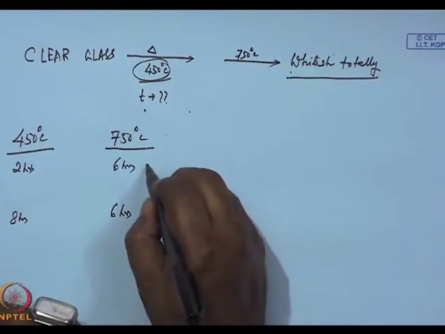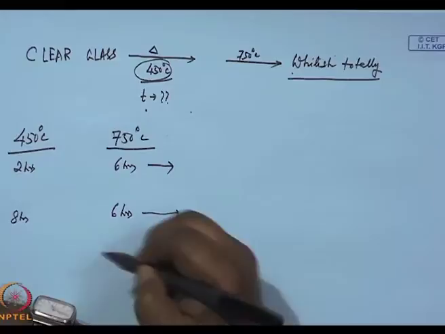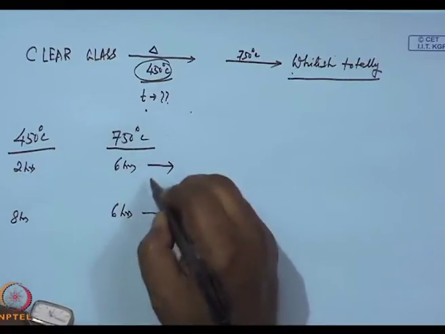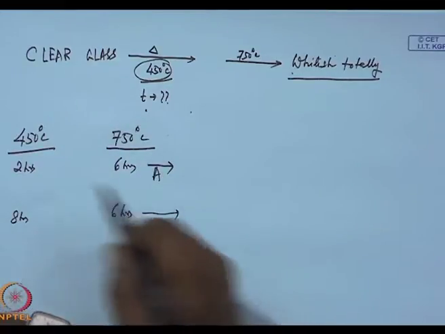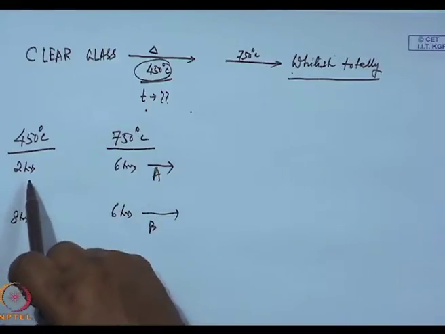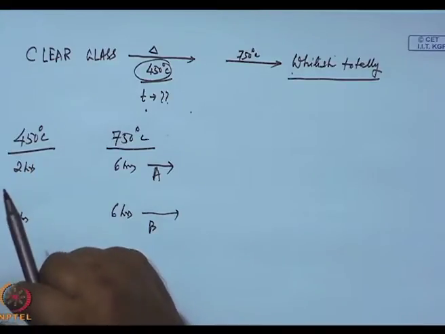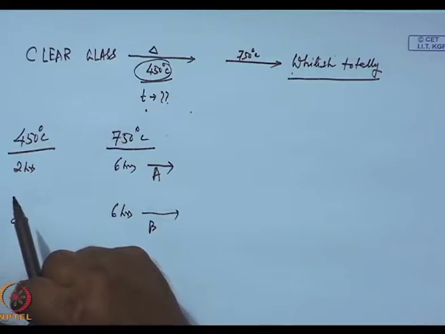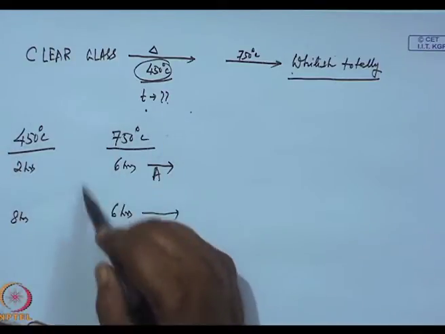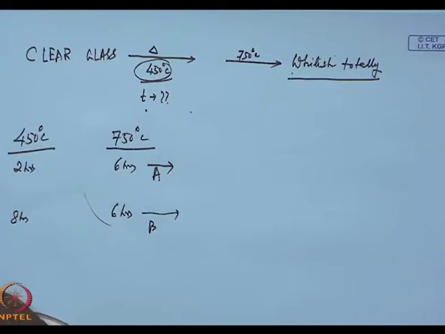So, I have got this product and this product. The difference between A and B is that A had been heated at 450 degrees centigrade for 2 hours only, while B has been heated at 450 degrees centigrade for 8 hours. Both have been subsequently heated at 750 for 6 hours.